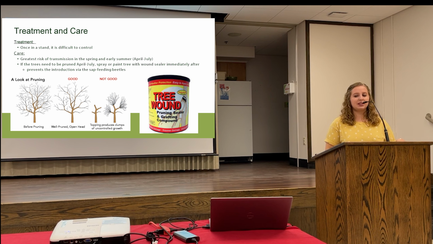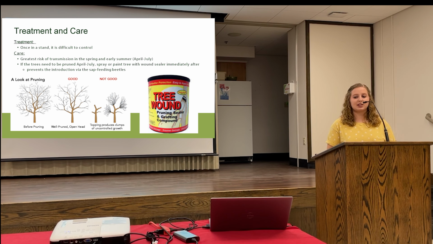For treatment, once it's in a stand, it's very, very difficult to control. So it's really about preventing it from happening. The greatest risk of transmission is in the spring and early summer, so April through July.